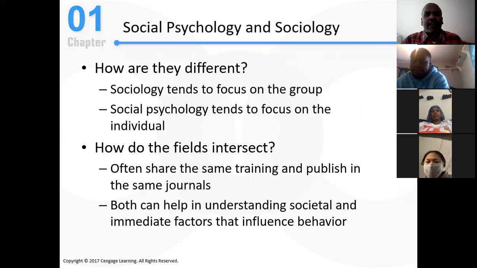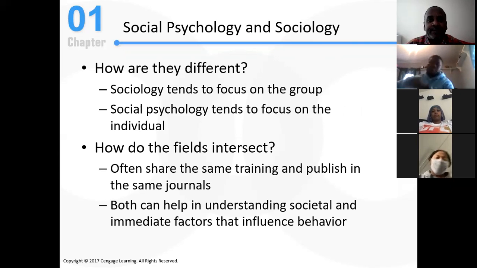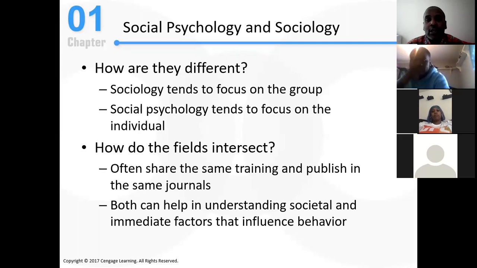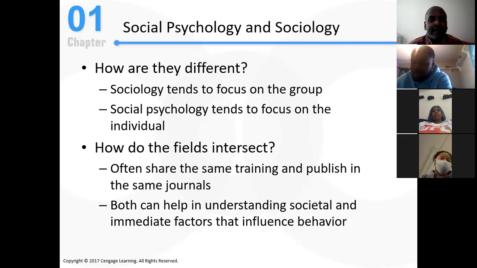As was alluded to last class, there's definitely some overlap, but sociology focuses more on the group. In social psychology, we absolutely will give some focus to group behavior, but here, we often try to look at how the individual responds and reacts within a group context.